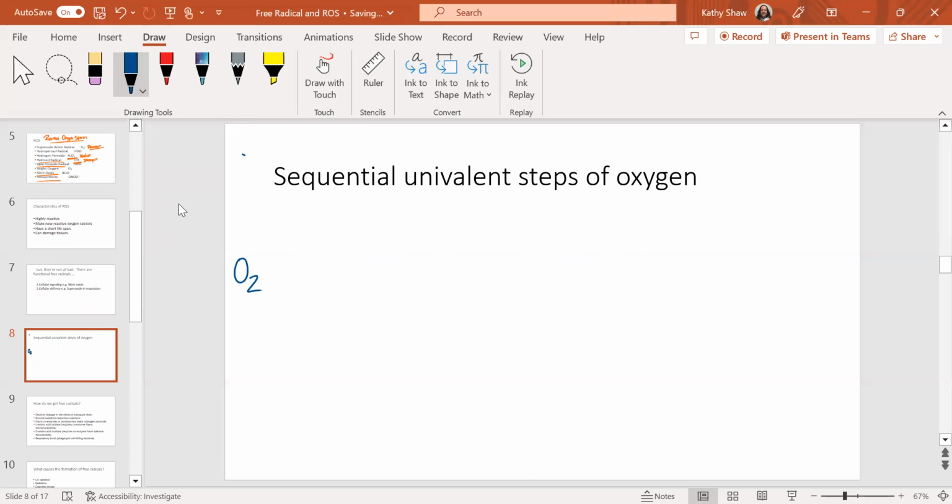If we add an electron to oxygen, we get that superoxide that we were talking about. So we get the minus, and we designate the electron. This is our superoxide. It's an anion. It's a free radical. Probably we should write that.